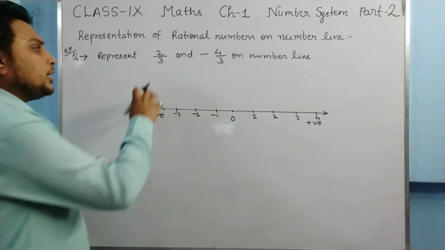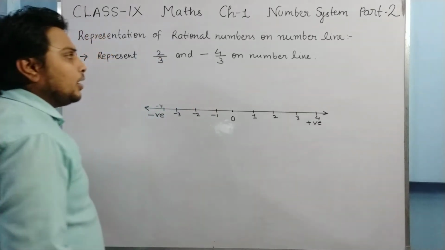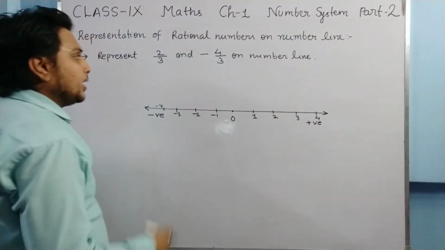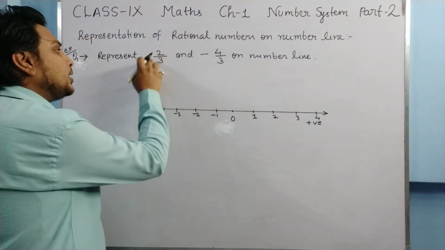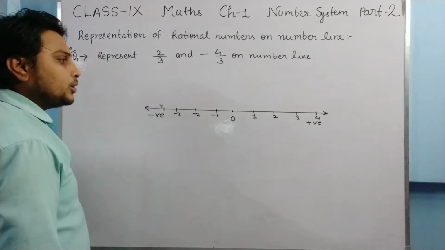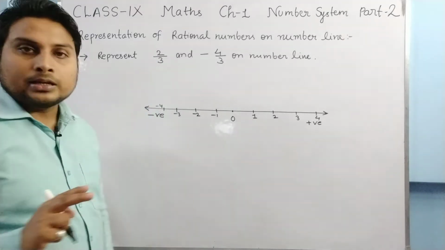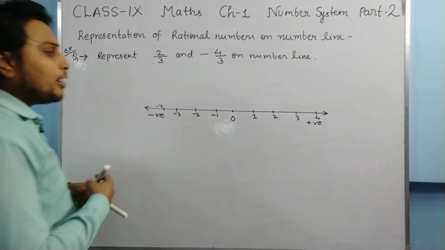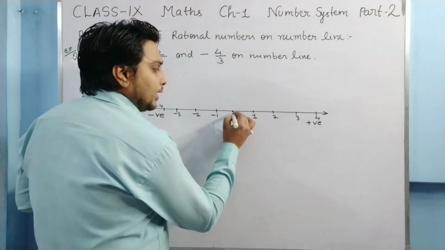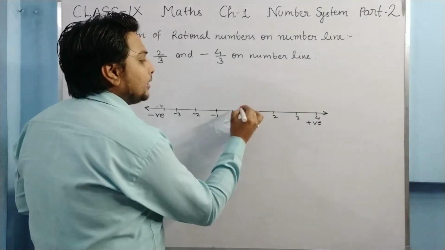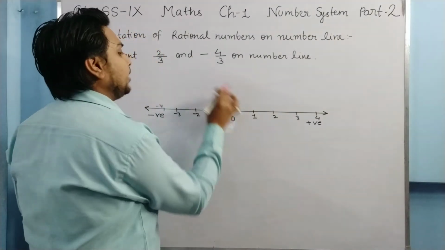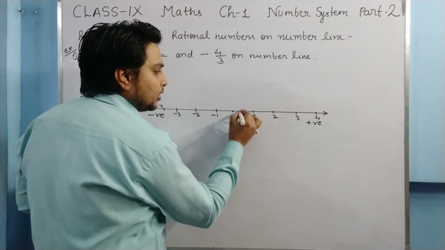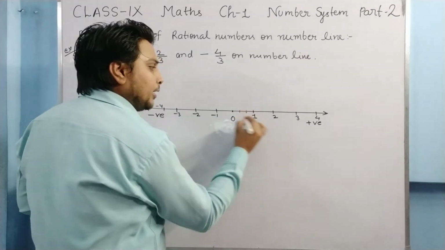So see, here the denominators are equal. It is 2 by 3 and minus 4 by 3. What number is there in the denominator? 3. Since 3 is in the denominator, you have to make 3 equal slots between two numbers.